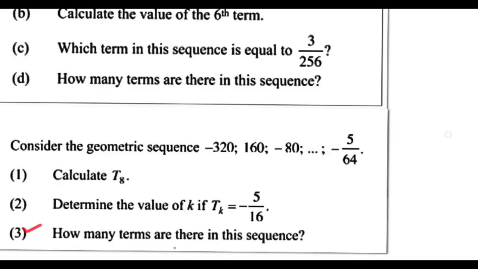Last question: how many terms are there in the sequence? Set up the equation using the last term provided. The last term we got is negative 5 over 64. Now we're going to equate with the general term formula.